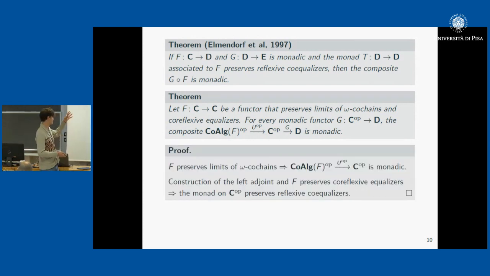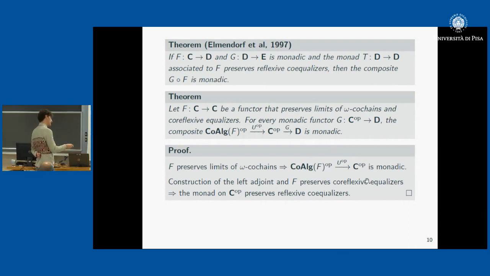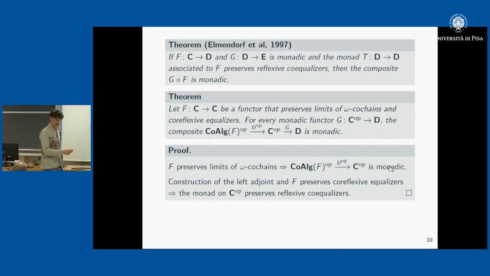So how do we use the hypothesis? The fact that F preserves limits of omega cochains is used to prove that this functor has a left adjoint. And as a right adjoint, it is monadic; it's enough to show that it has a left adjoint.